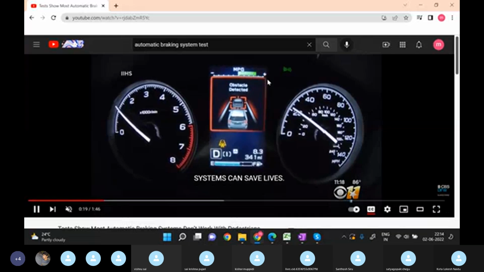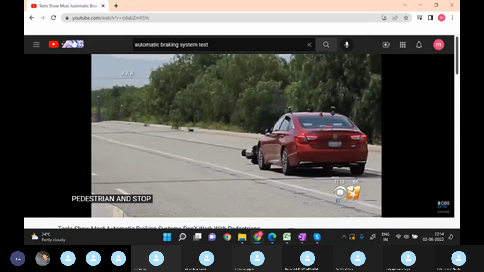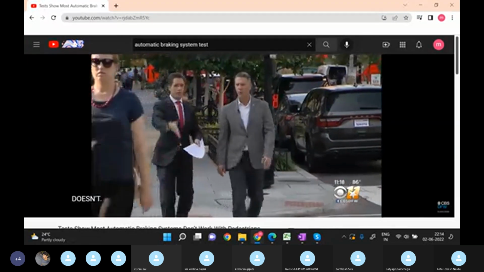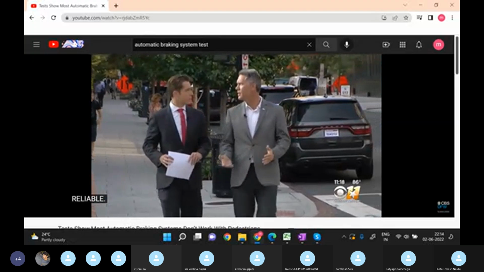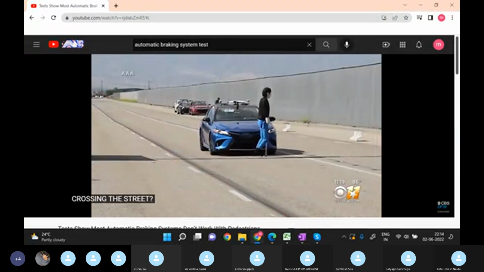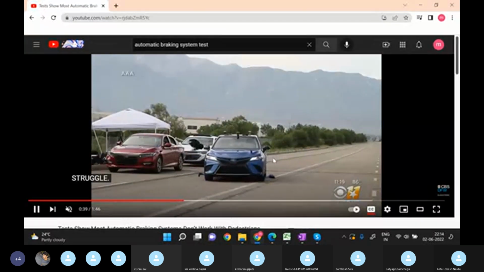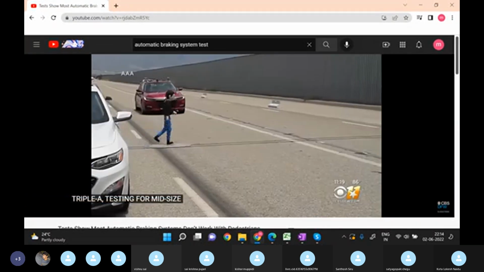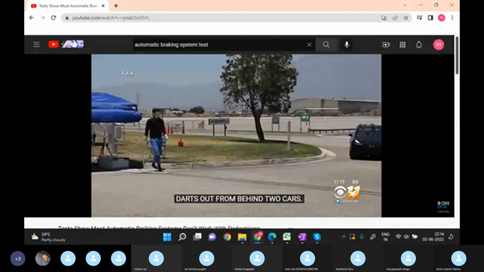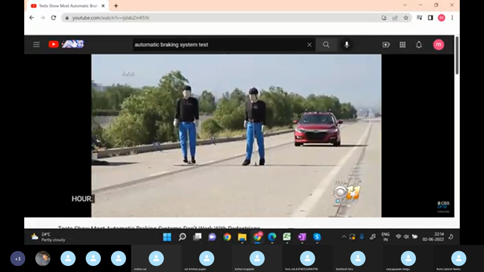Here it will show obstacle detected. When it tried to stop, it doesn't hit with very high speed, but there is reduced impact on that passenger. It cannot guarantee 100% that it will save the life of that person, but it will try to reduce the impact. That's what I meant to say.